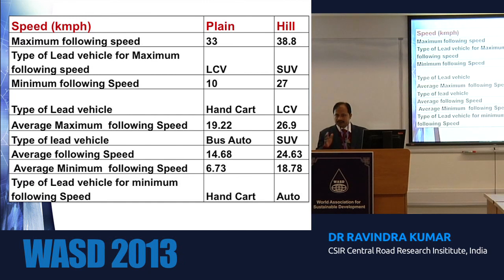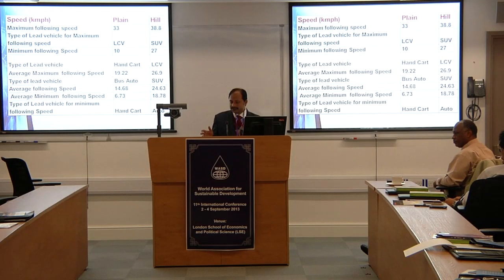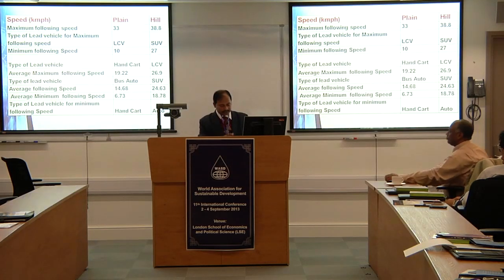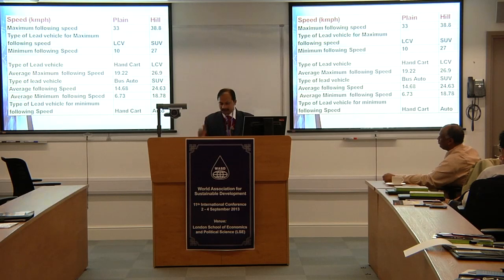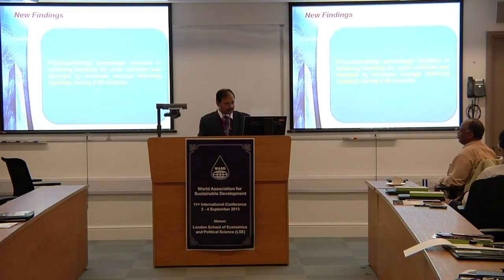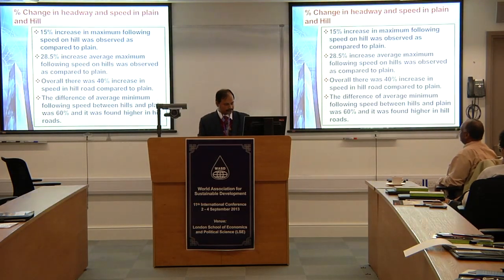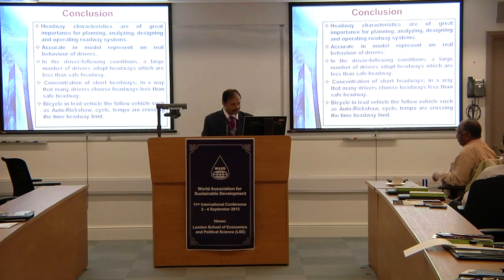We have to see this as a problem, because it's going to take a lot of time in congestion, and we have to take some policy decisions on how to prioritize the lane and how to make better traffic sense. So I will come to the last point.